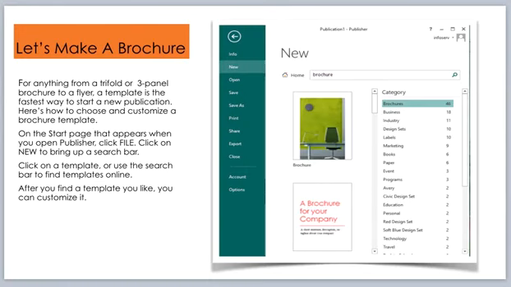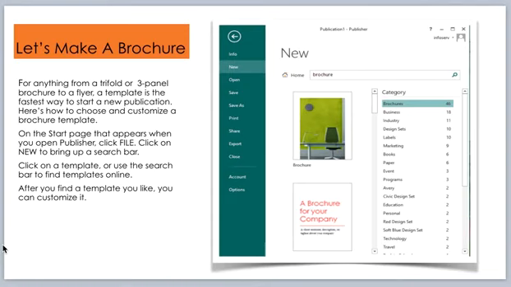So let's make a brochure. You've been assigned to make one by your boss, and the best way to start is using a template. Click File, click on New, and a search bar will pop up where you can type in the type of template you're looking for.